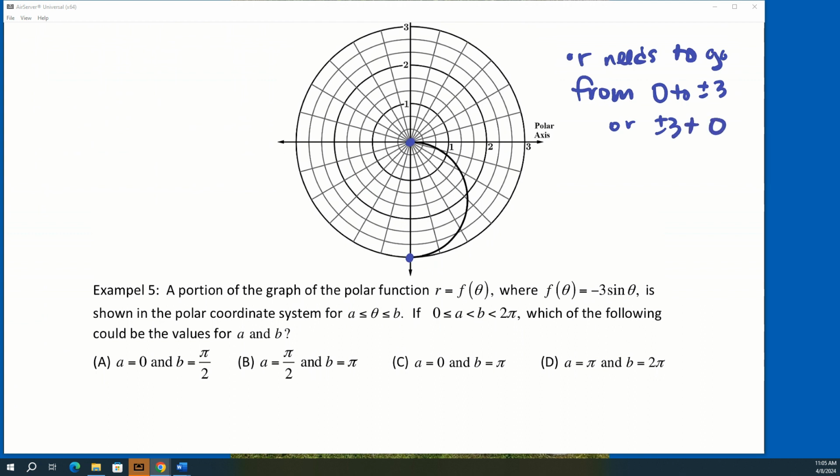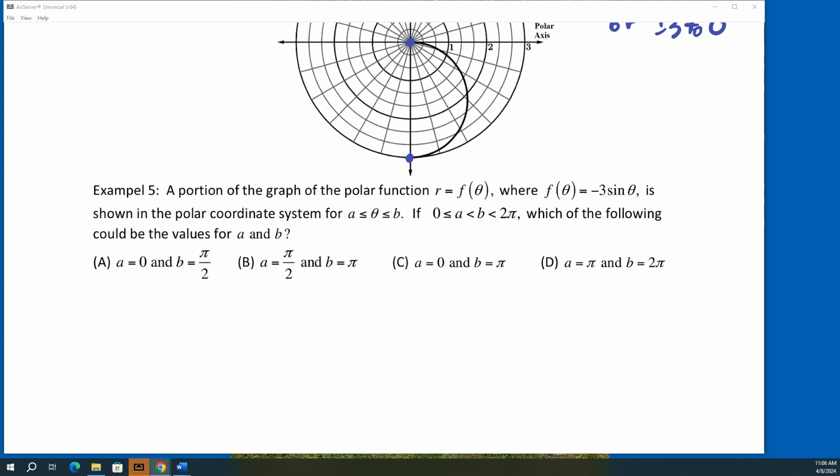So this graph is either graphed this way or graphed this way. Then I just start eliminating answer choices. Sorry, I left out my negative on the 3. So 0 to -3 or -3 to 0.